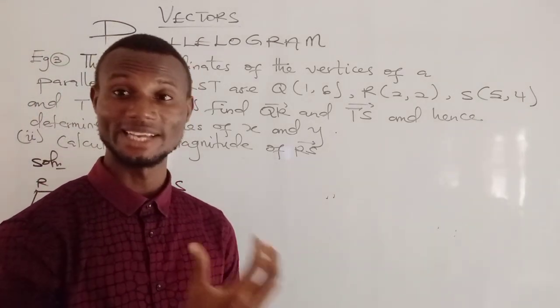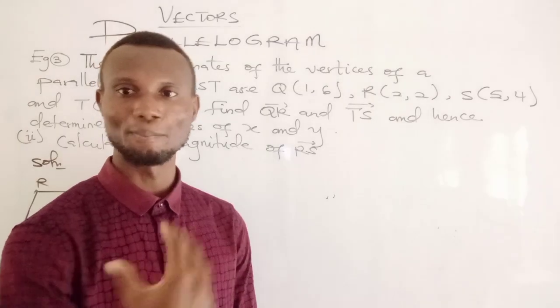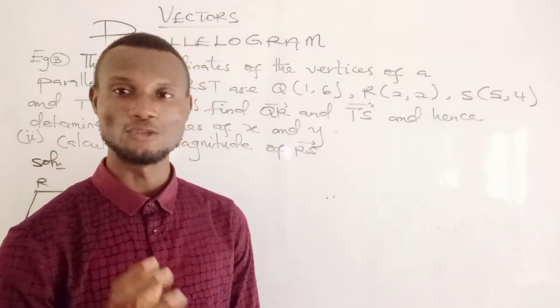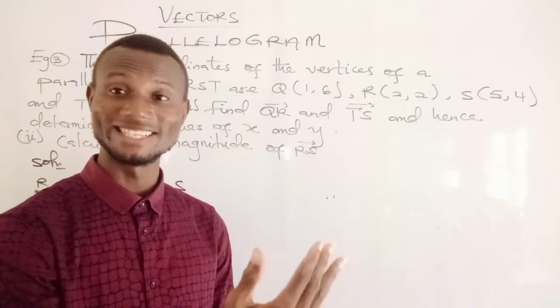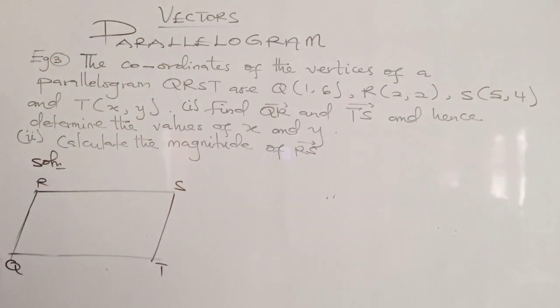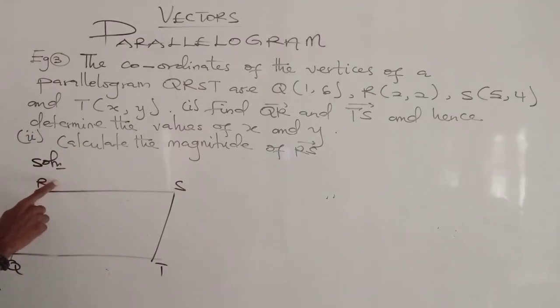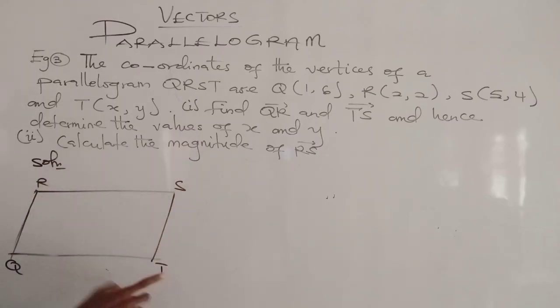I'm saying that you label it following a particular pattern, either the clockwise direction or the anti-clockwise direction. You can see that when I started from here, I chose to move in the clockwise direction. So starting here as Q, I came here as R, and here as S, and here as T.